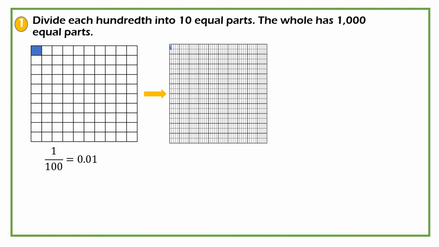So in this, the colored part, okay, it is 1,000th, and 1,000th actually means 1 out of 1,000, and this is the same as 0.001.